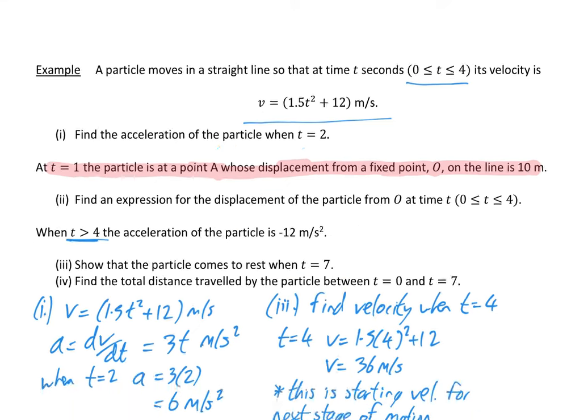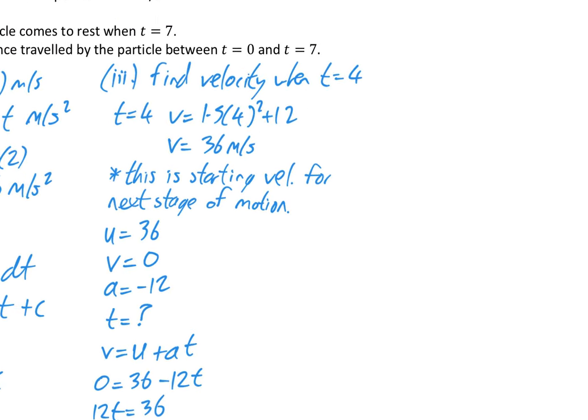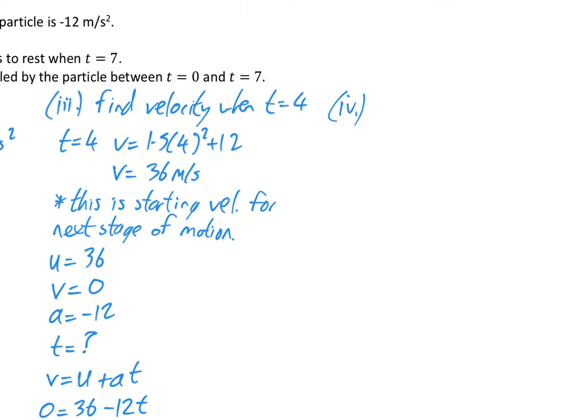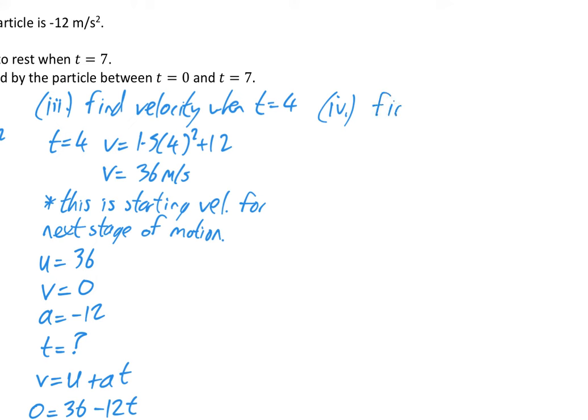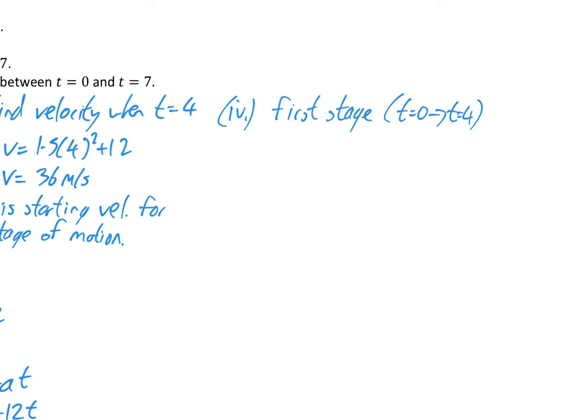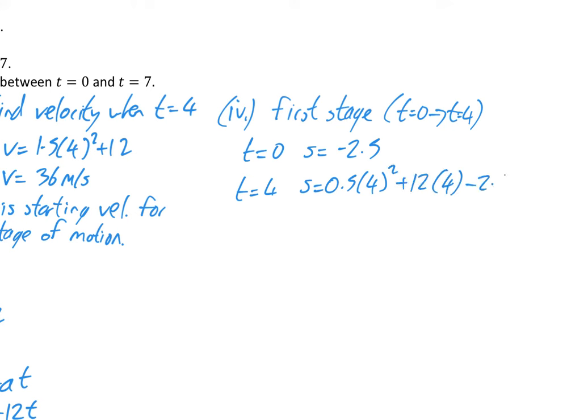So for this, all we need to do then for part 4. For part 4, what we need to do is find, on the first stage, we would need to find the distance traveled. So the first stage, remember, is t is equal to 0 to t is equal to 4. We will find the displacements of those. So when t is equal to 0, your s worked out to be minus 2.5. When t is equal to 4, your s is 0.5 times 4 squared plus 12 times 4 minus 2.5.